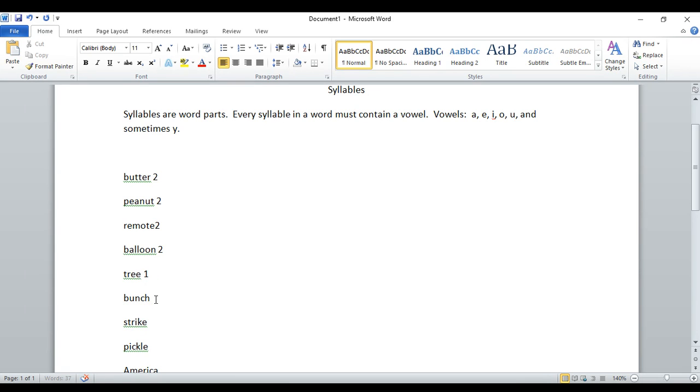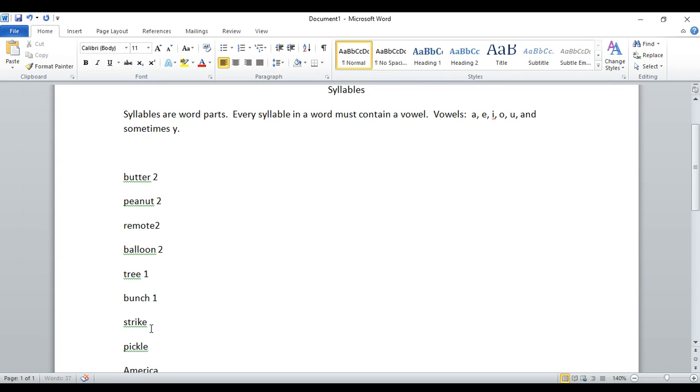And the same thing goes down here with bunch. Sometimes when we exaggerate the way we say it in order to check the syllables, we might say bunch and make that ch sound, and believe that that ch sound is a syllable all alone. But you notice that the CH does not have a vowel in it. So bunch is a one syllable word.